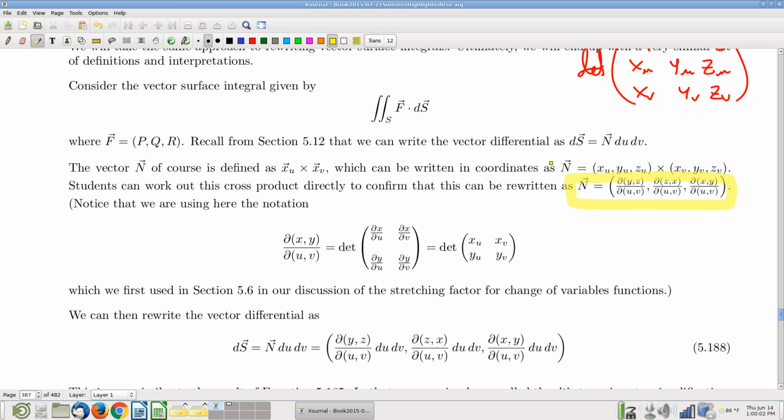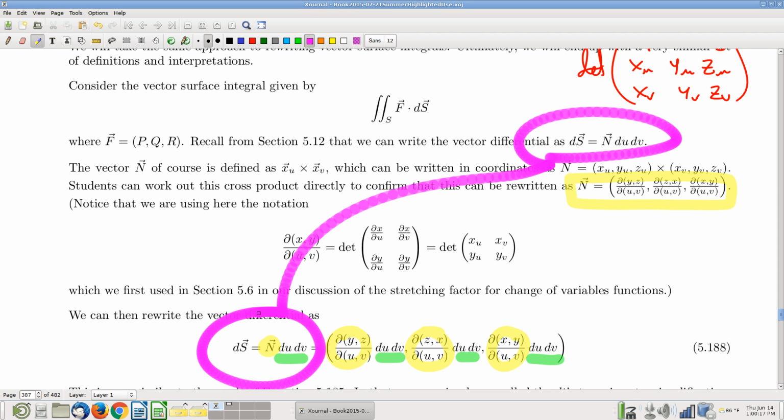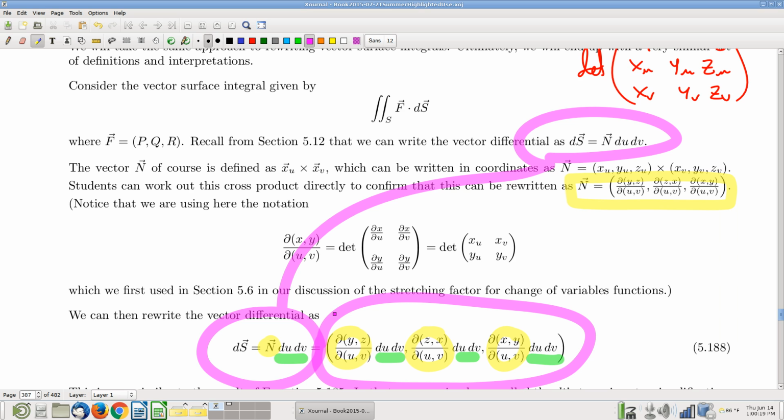That being a formula for my n vector. Multiplying by du dv, there's my n du dv. So this is my ds vector. I've got this big formula for my ds vector.